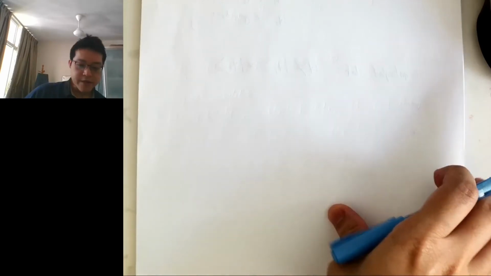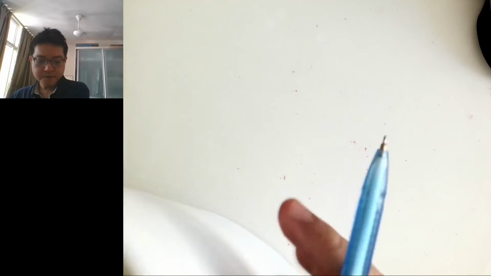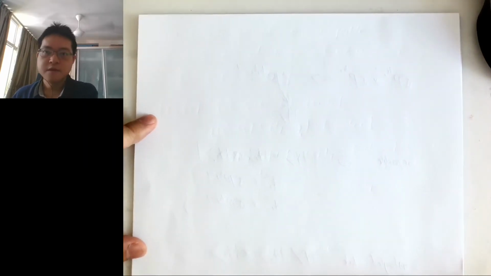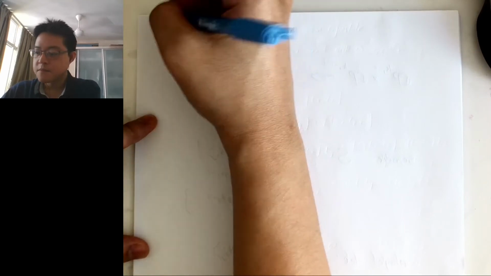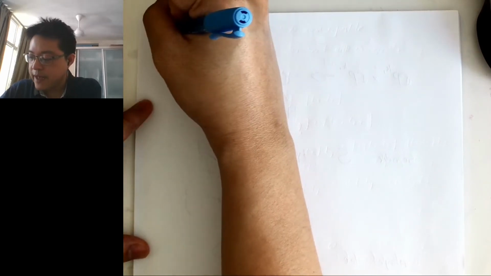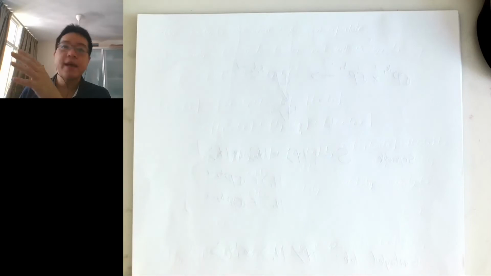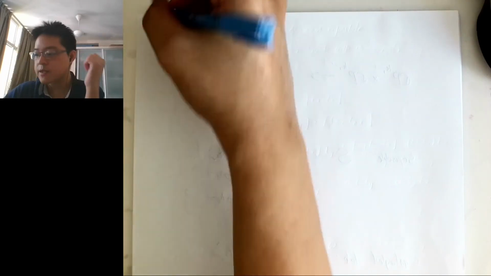Okay, so we denote the common eigenstates. So Lz and L square have the same eigenstate. Let's call them a ket.